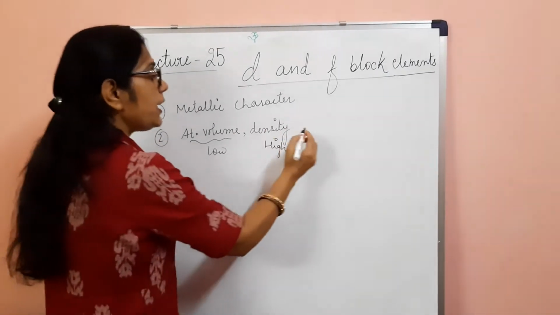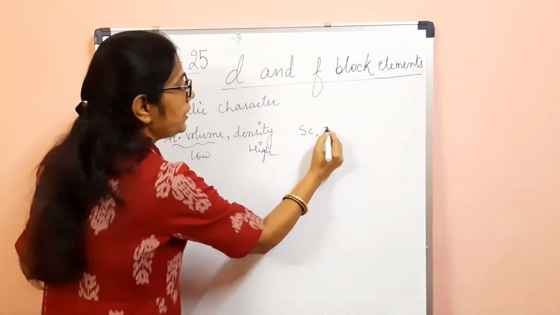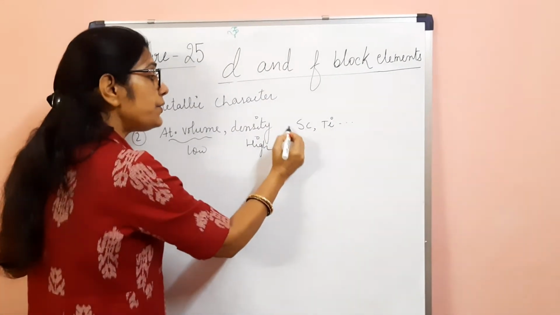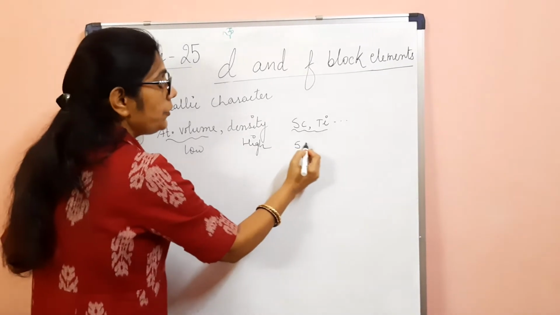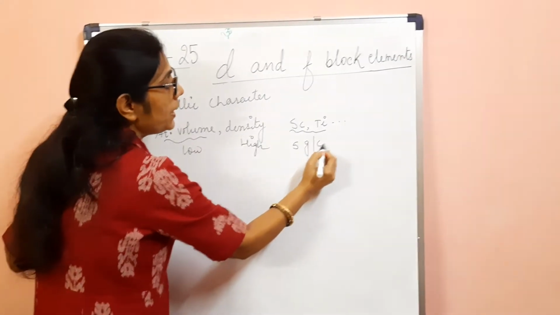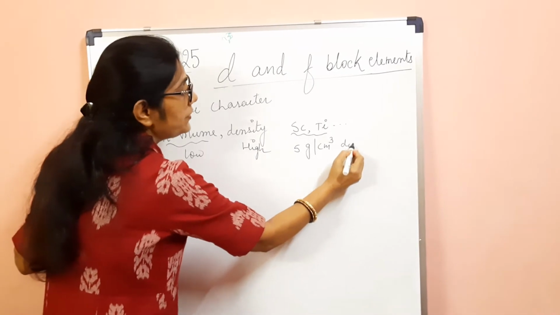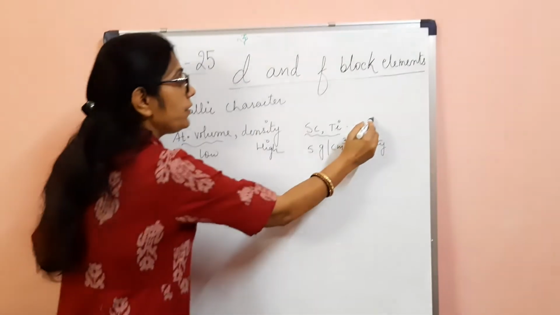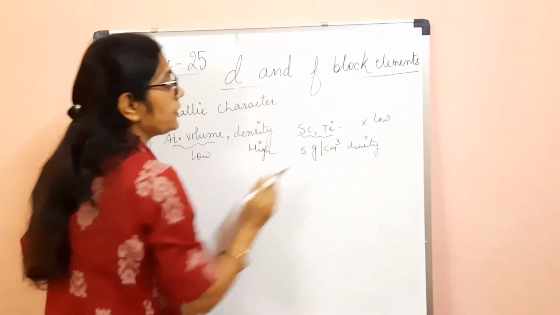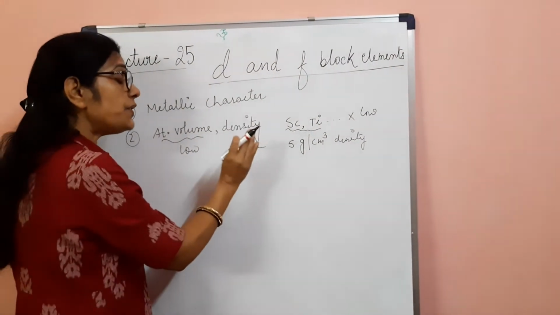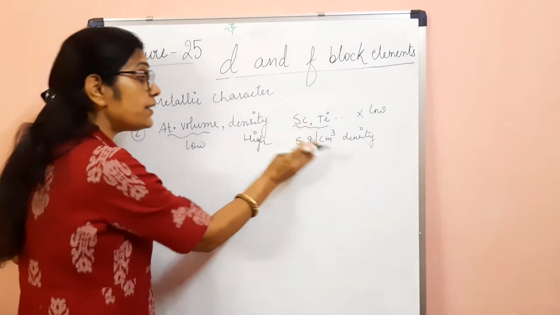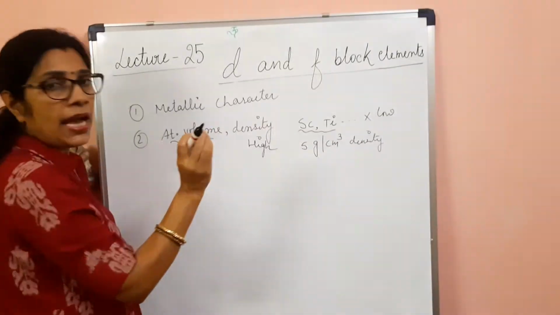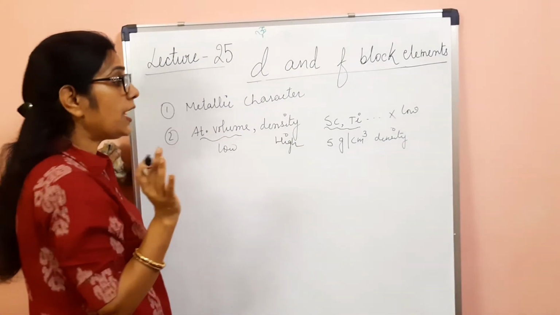Except scandium, titanium, only 2-3 metals, no transition metal has a density less than 5 gram per centimeter cube. So these are the low density exceptions: scandium, titanium, and 1 or 2 more transition metals.